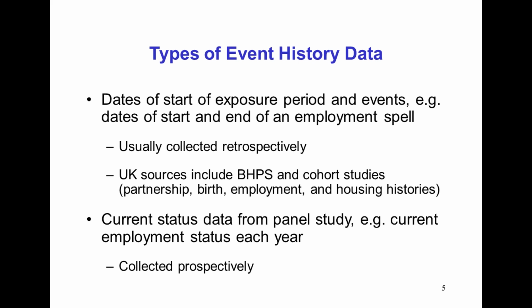Other sources derive from panel data, where you have information on a person's current status over time, perhaps every year, and from that again you can derive the time that they spend in a particular state, the time before they have an event. And in some panel studies you actually have the two types of source together. So in the British Household Panel Survey, you have current status data going from 1991, where the panel began.